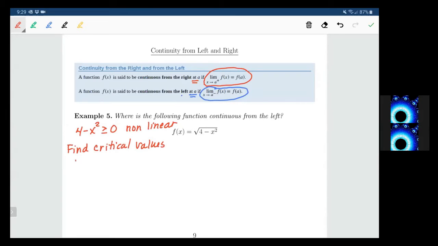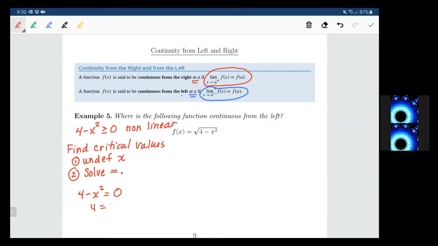And remember, those occur, one, when the function is undefined. We don't have any of that with a radical function, so we don't have to worry about that. And they also come from when you solve the equality. So let's do that now. So instead of solving 4 minus x squared is greater than or equal to 0, we're going to solve where it's equal to 0.